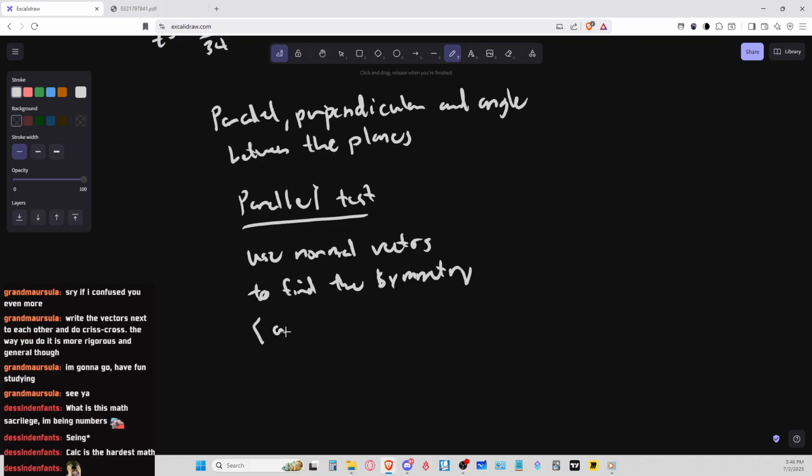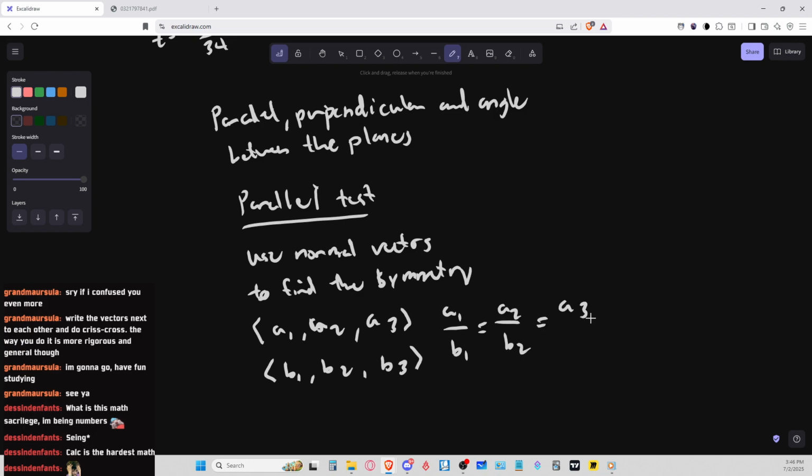So if we have two normal vectors, then the symmetry between them would be like so. That's what we learned the last time. So that should help us.